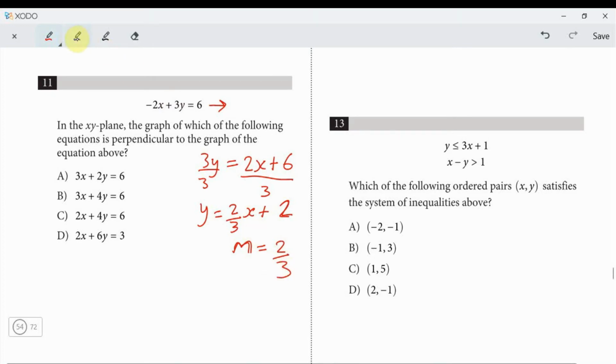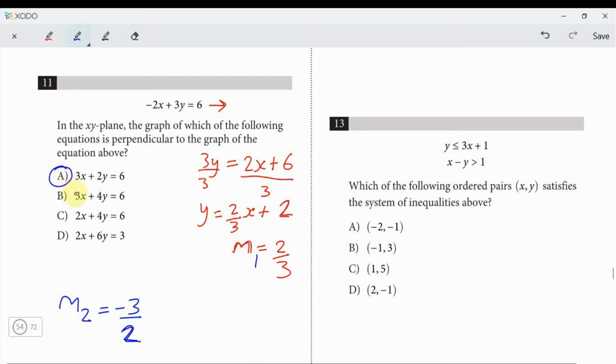Now, if the next line is supposed to be perpendicular to this line, then if this gradient is M1, we need the next line to have a gradient of negative 3 over 2. Which of these lines would have a gradient of negative 3 over 2?